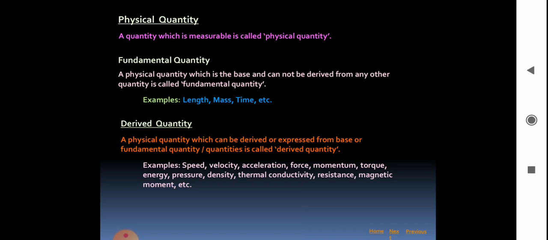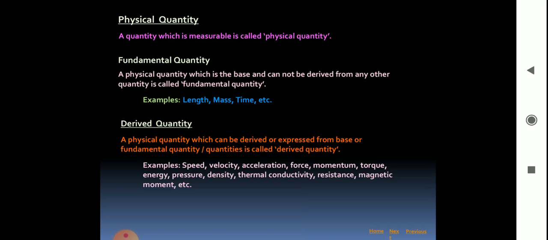What is physical quantity? A quantity which is measurable. Any quantity, if it is measurable, is called physical quantity. In the physical quantity, we can see fundamental quantity and derived quantity.